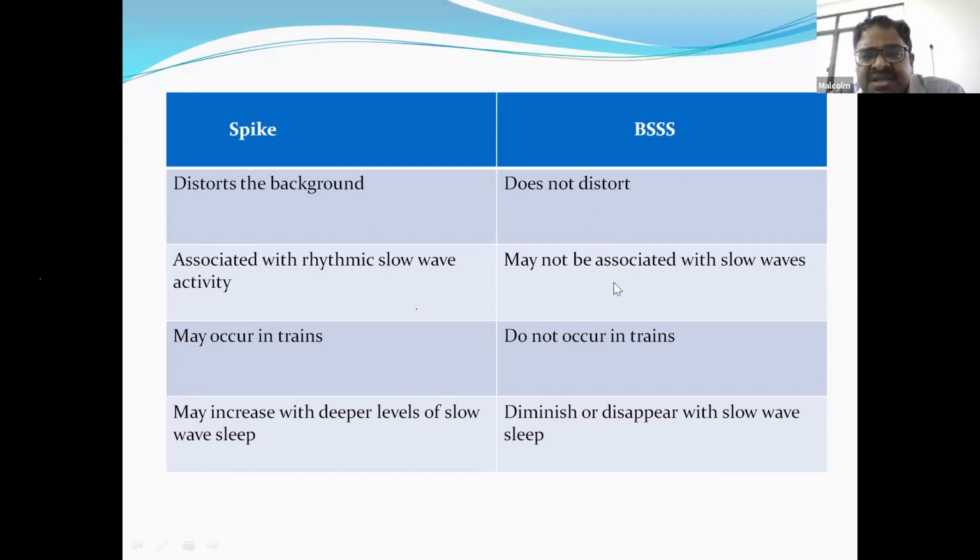A BSSS may not be associated with aftercoming slow waves, but generally a spike is associated with aftercoming rhythmic slow wave activity. The BSSS does not occur in trains, while the spike occurs in trains. The BSSS diminishes or disappears with slow wave sleep. The spike increases with the deeper levels of slow wave sleep.